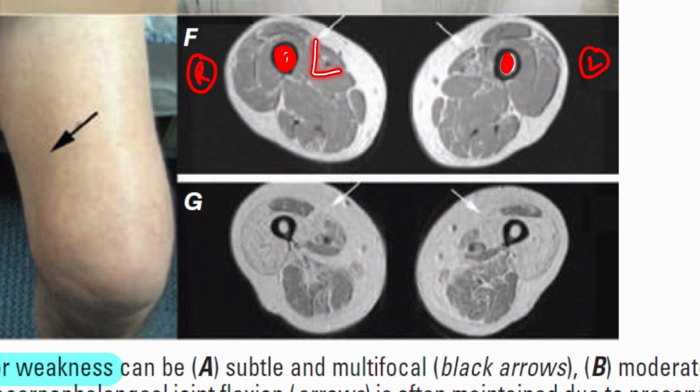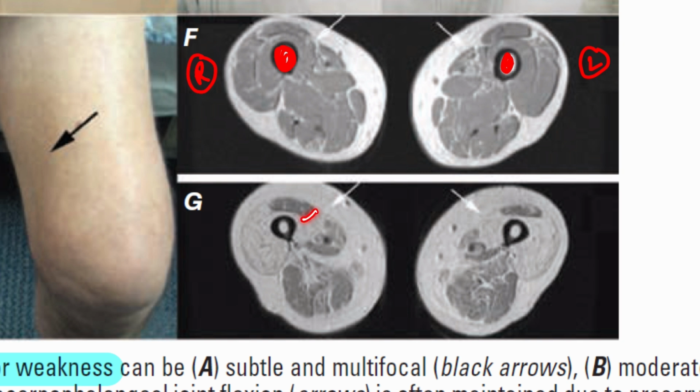Here it is normal, brown in color. You can see brown in color. But in inclusion body myositis, the later the image is taken, there is complete fibrosis, a whitish colored appearance on MRI. This is because of destruction of the muscles and replacement of these muscles by fibrous tissue.